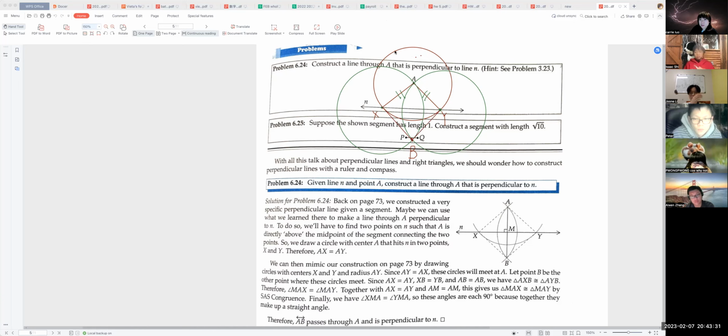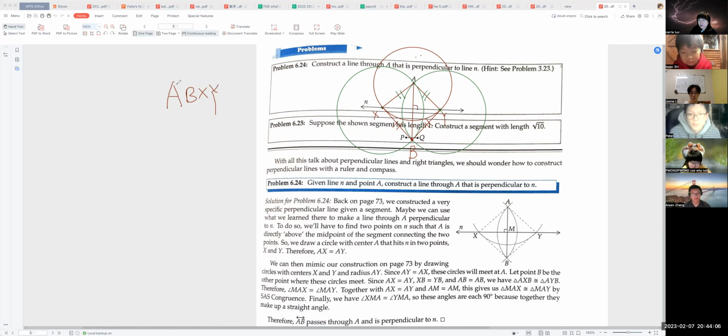Let me ask Peter a very simple question: because AX equals XB, correct? Because they are radii of a circle, right? And AY equals YB, correct? And because AX equals AY, does it mean that in the quadrilateral AXBY every single side is the same? Correct? Now I'm going to draw the diagonal AB, and I know AB is perpendicular to XY.